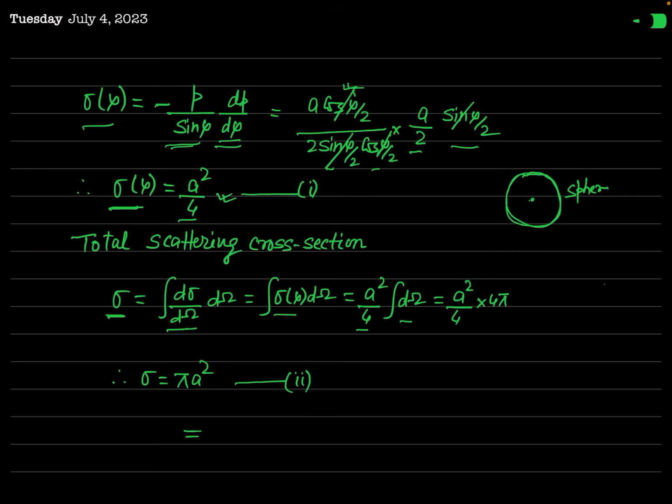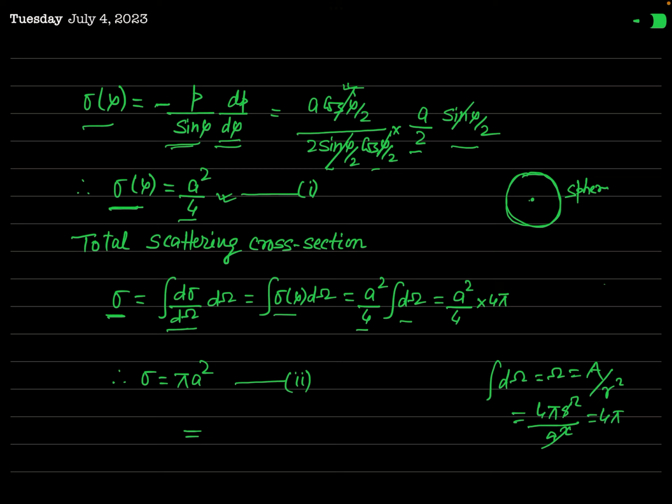That is equal to 4 pi. Here you can easily calculate it. This integral d omega means omega, and this omega will be equal to A divided by r square, where A is the area of this sphere. This will be 4 pi a square, and r means a here. So this will cancel out, and this is 4 pi.